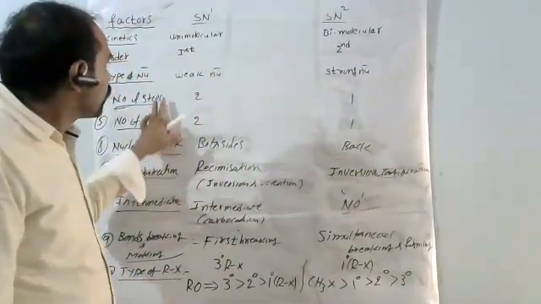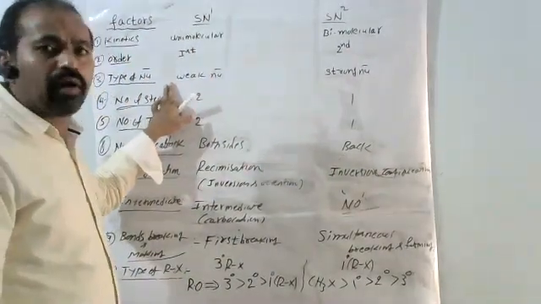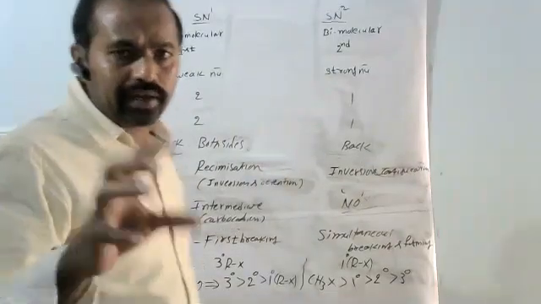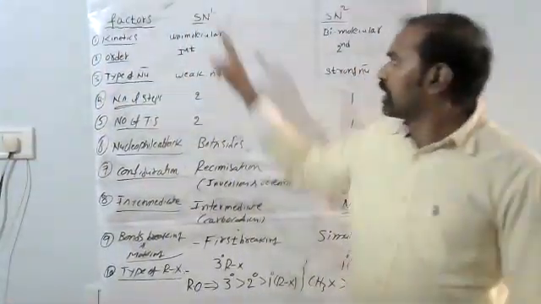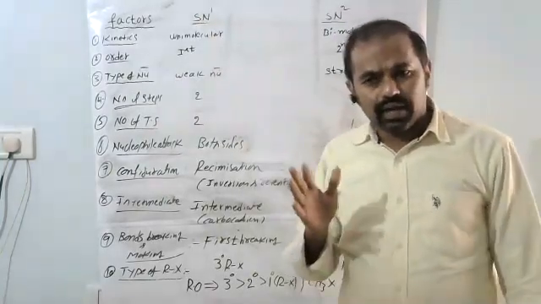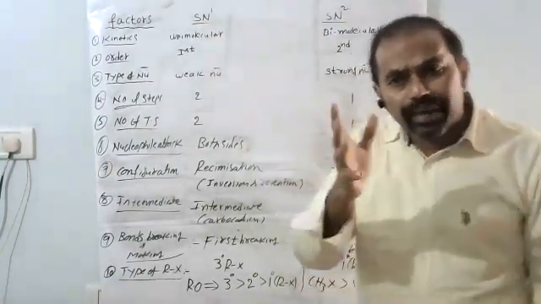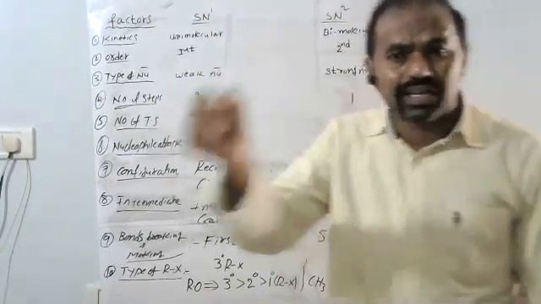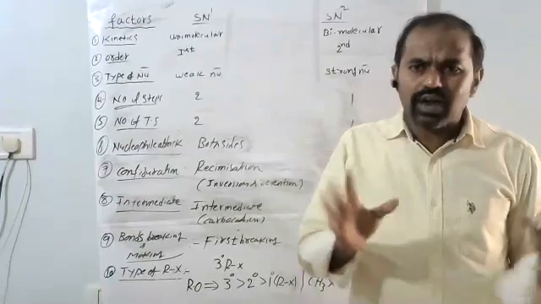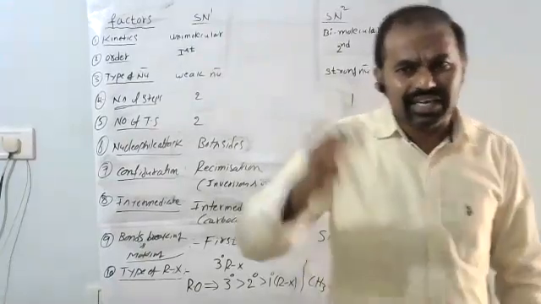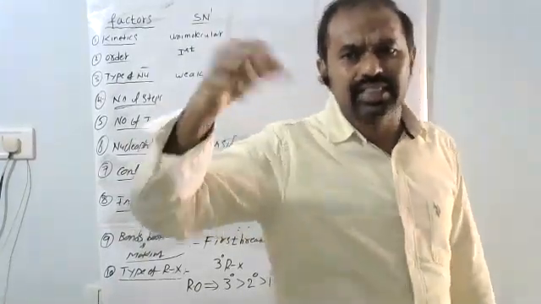Now, let us take the type of nucleophile. For the SN1 reaction, the rate of reaction does not depend on the concentration of the nucleophile. Concentration is nothing but strength.